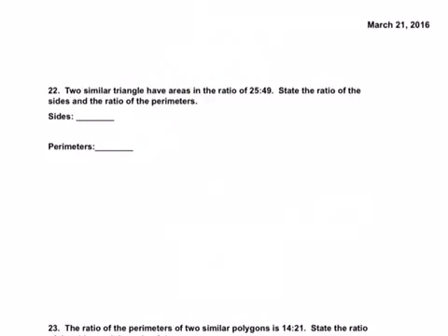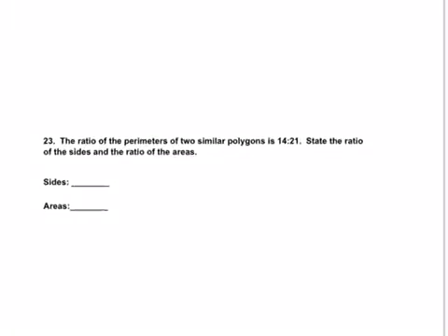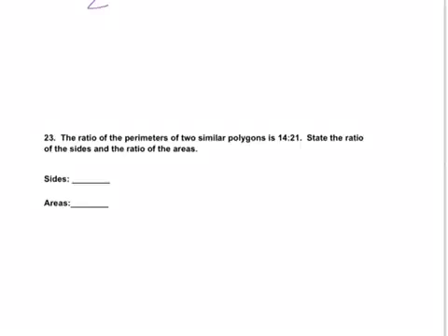Number 22. The two similar triangles have areas of a ratio of 25 to 49. State the ratio of sides and the ratio of perimeters. So I'm going to write my ratio, 25 over 49, and this is an area. And in order to find the sides, I have to take the square root of each of them, because area is the side squared.